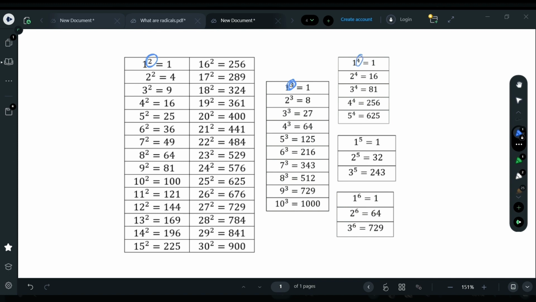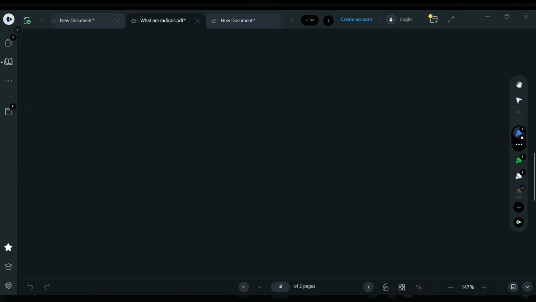So these are perfect powers of 4, powers of 5, powers of 6. So here's a list of perfect powers, up to powers of 6, all of the numbers up to 1,000. And if we're evaluating a root or simplifying a radical without a calculator, we can use the list of perfect powers.